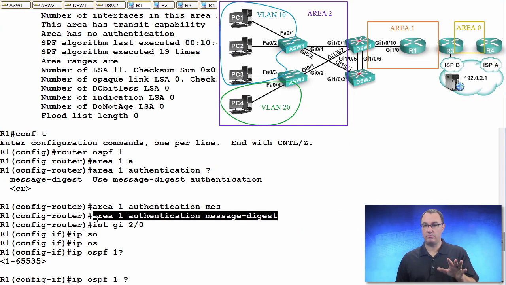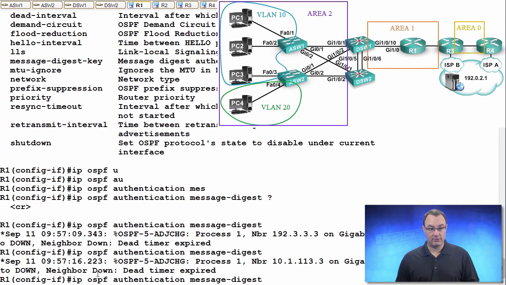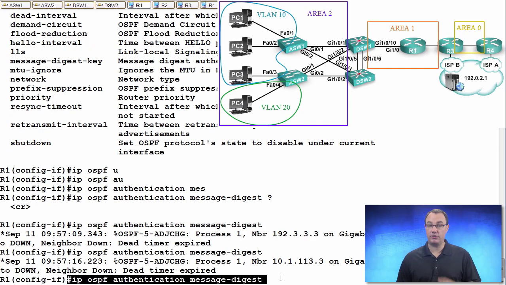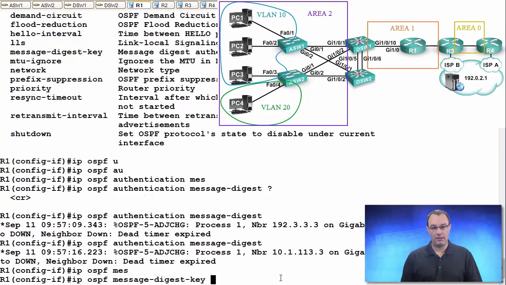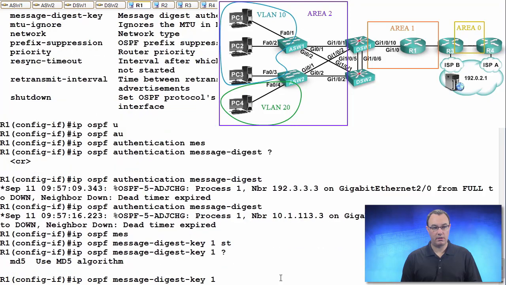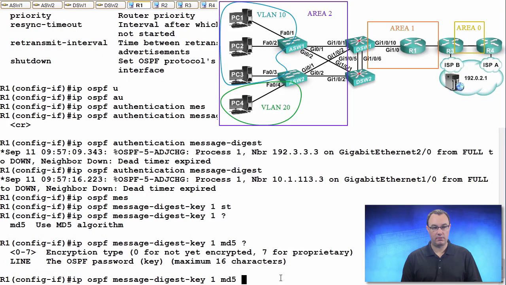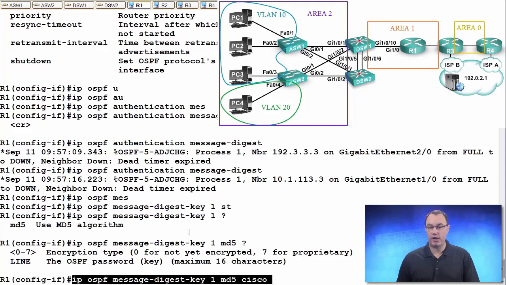So this says turn it on for all my interfaces. This command says turn it on just for that interface. If I did message digest key 1 7 5 Cisco, this command would complement the area-based authentication.